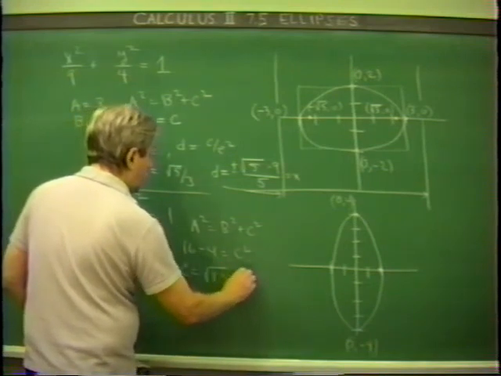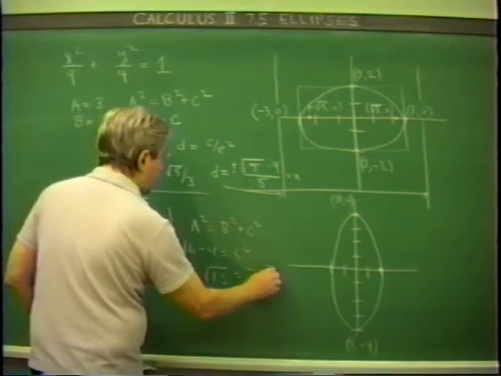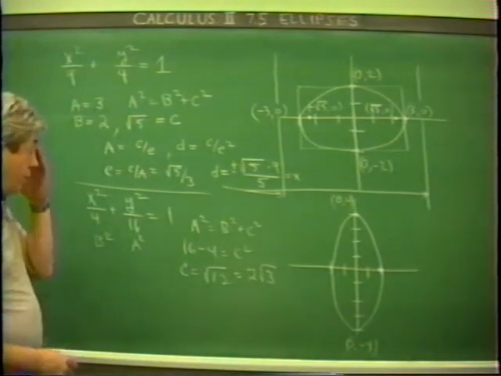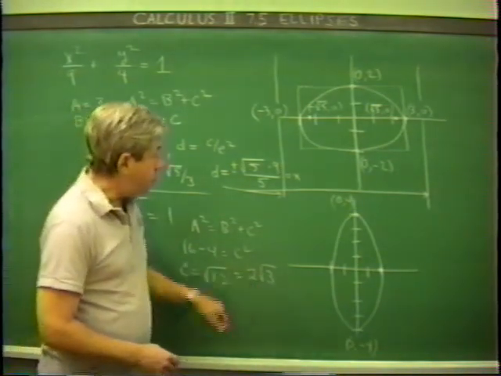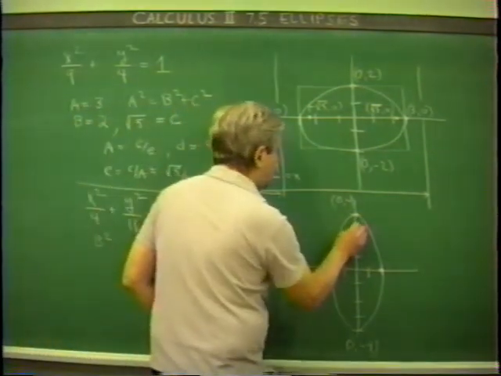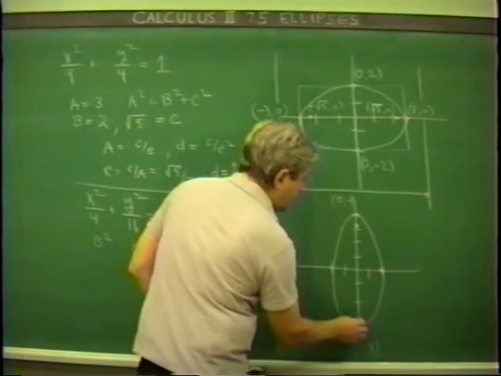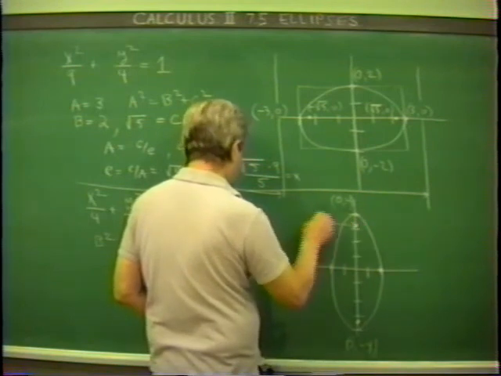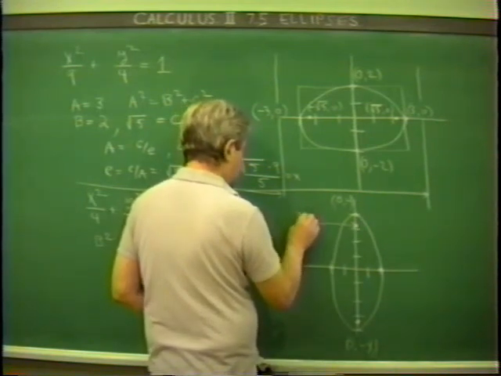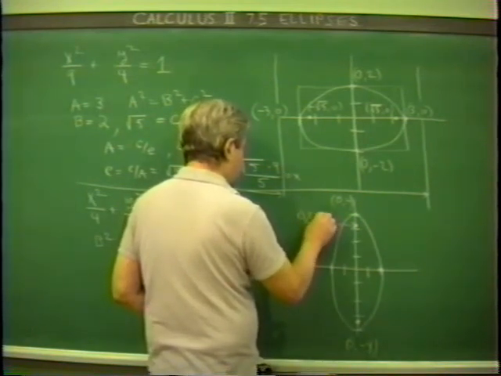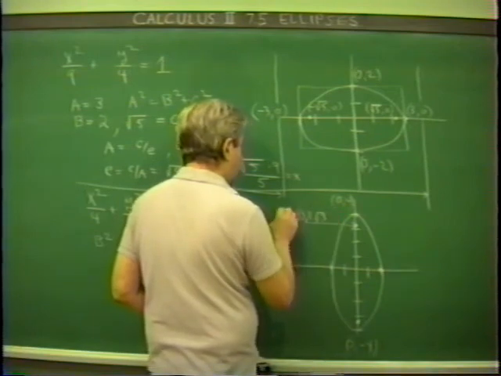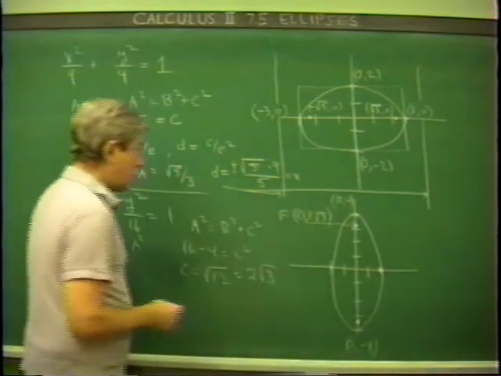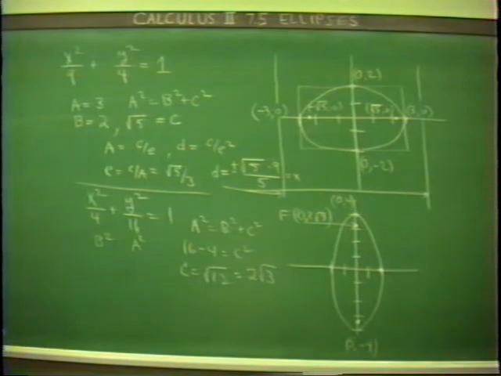C is the square root of 12, or 2 square root of 3. Square root of 3 is about 1.7, so this is a little more than 3. So here's the focus here, and another focus here. This is the focus at 0, 2 square root of 3. Focus.